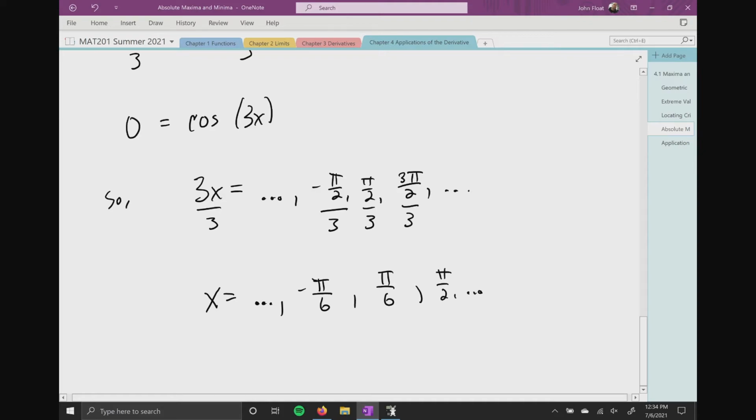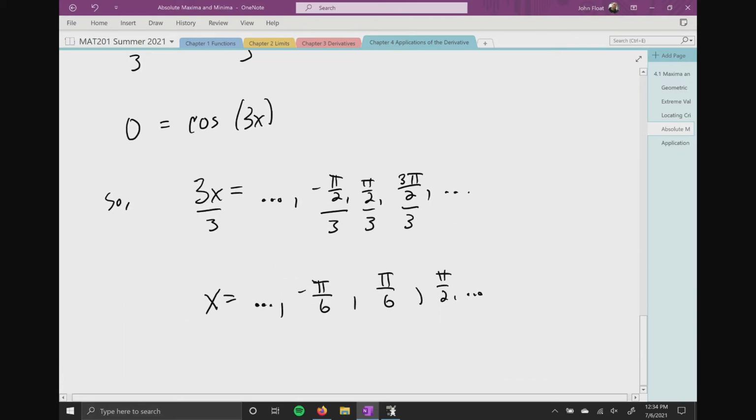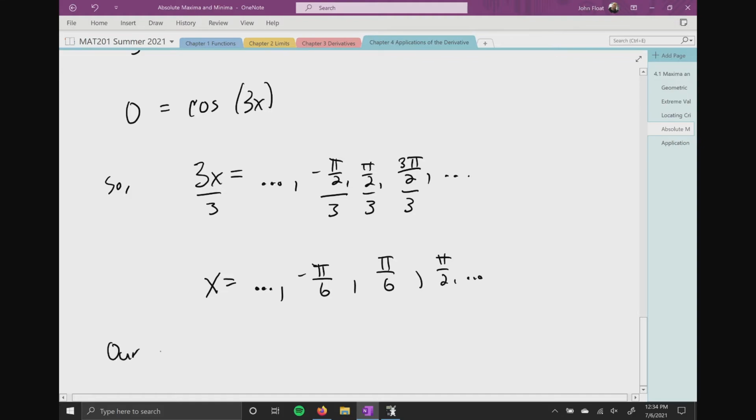Now, we have a closed interval here. And if you recall, our interval is negative pi over 4 to pi over 3.